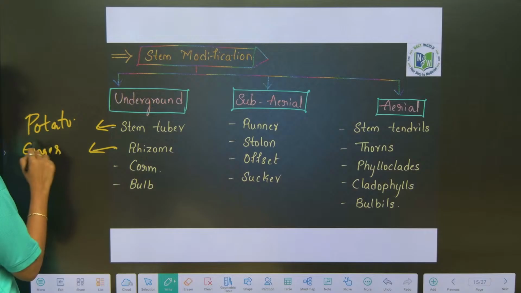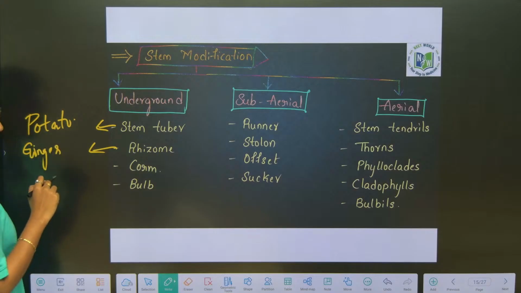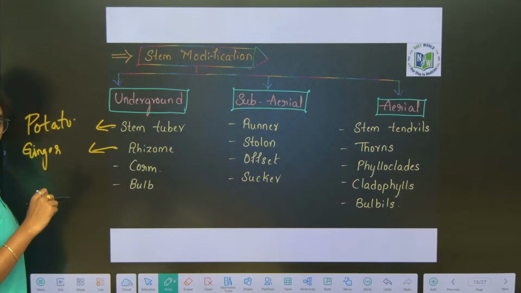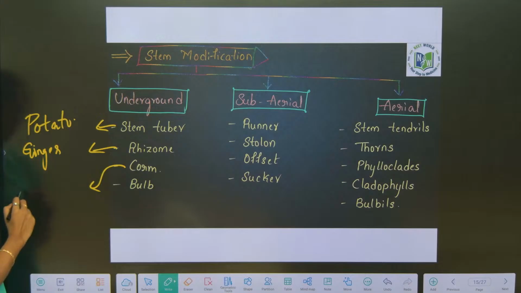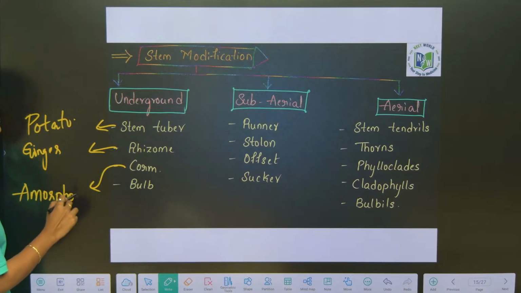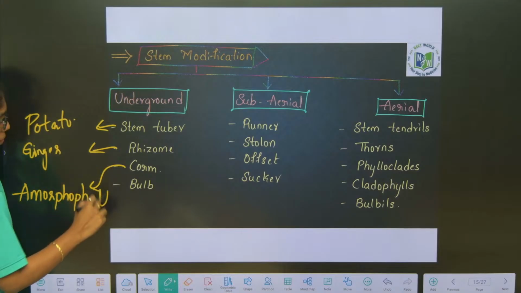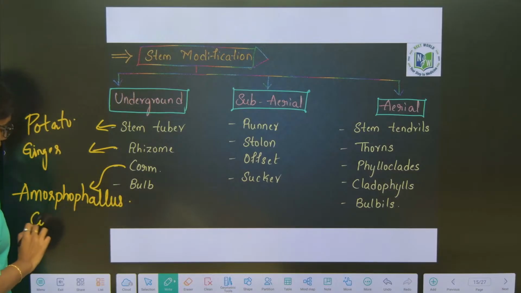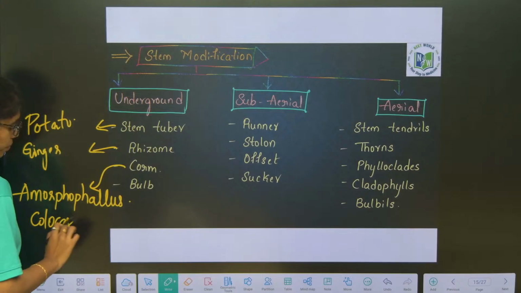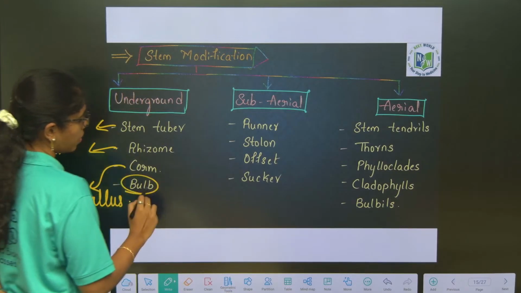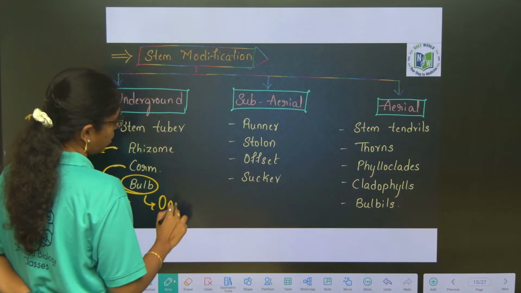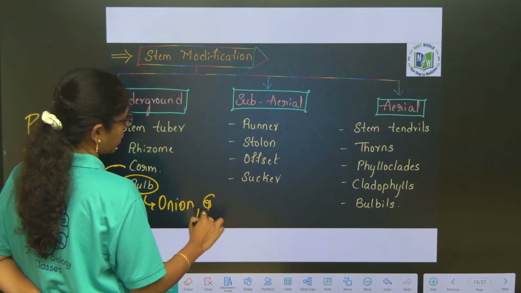Ginger, Amorphophallus and Colocasia. Bulb: onion and garlic.